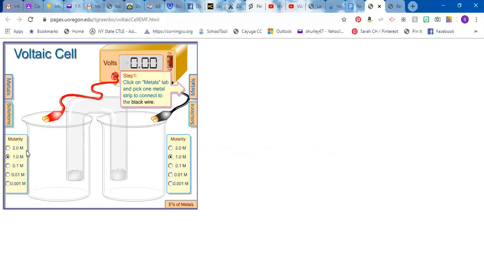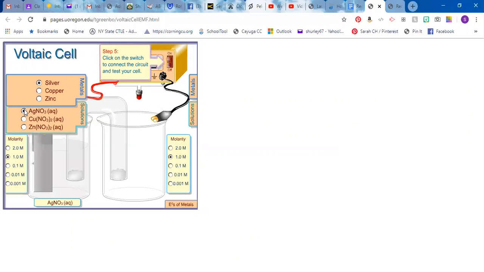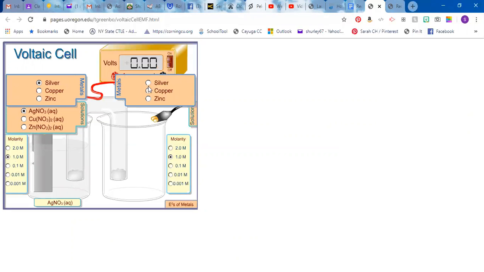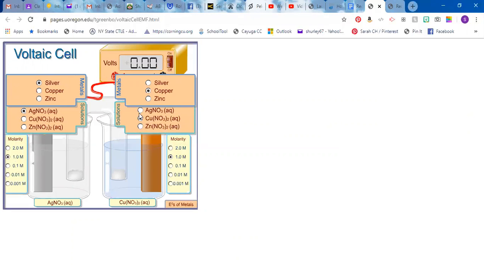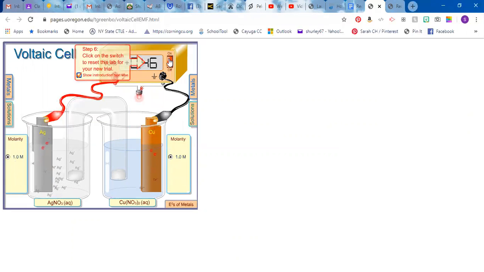So the left beaker is the red one, the right beaker is the black one. So pick your metal, so silver, pick your solution, silver nitrate, pick your metal, copper, solution, copper nitrate, and then hit on. And it's going to run, so just let it run.